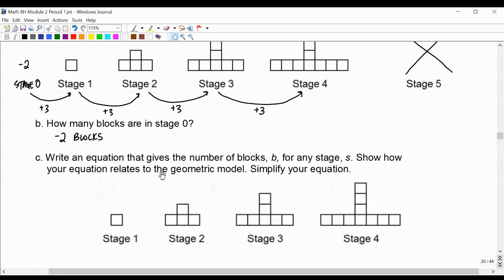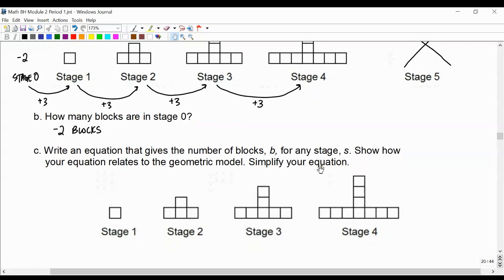C actually says we're now going to write an equation that gives the number of blocks B for any stage and show how it relates to your geometric model, and we're going to simplify our equation. Well, for C, we're actually going to do this 2 ways. We already have an equation if we look at what we got in the answers above.